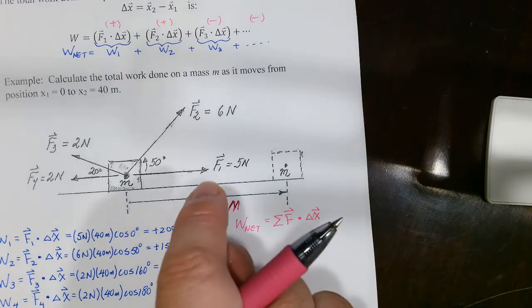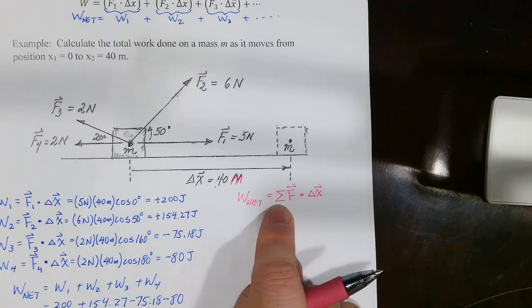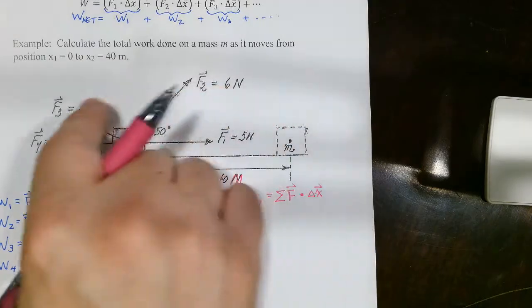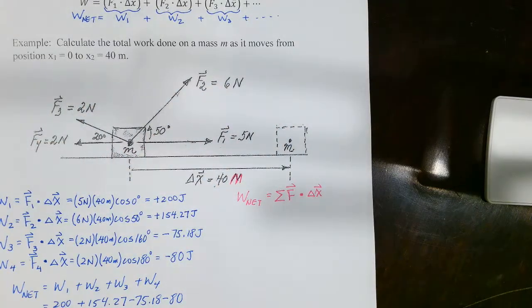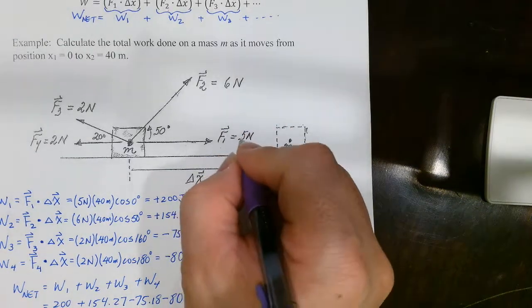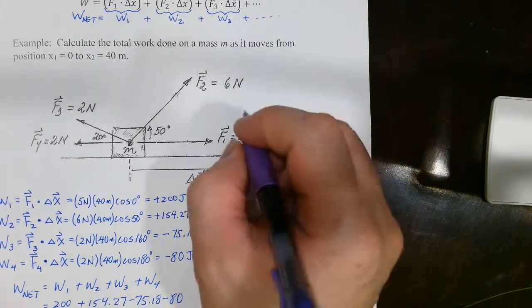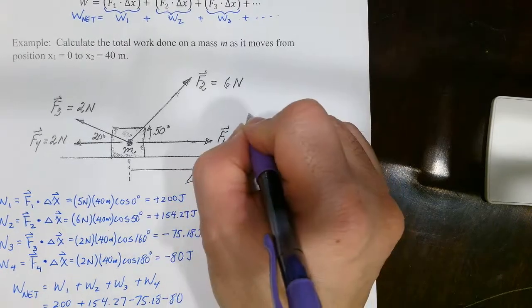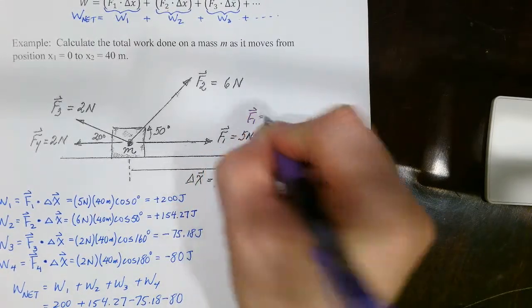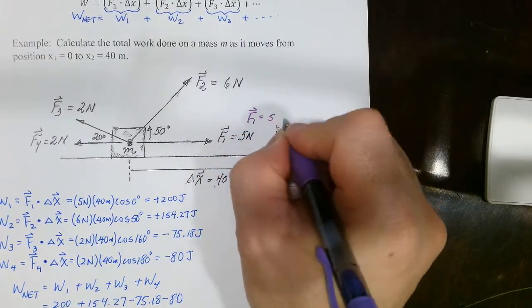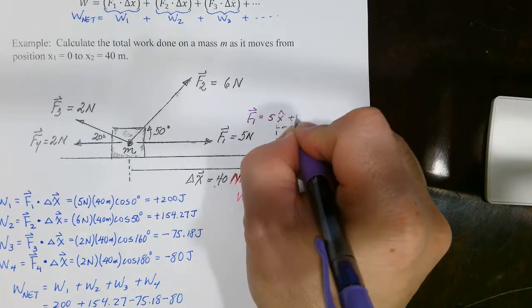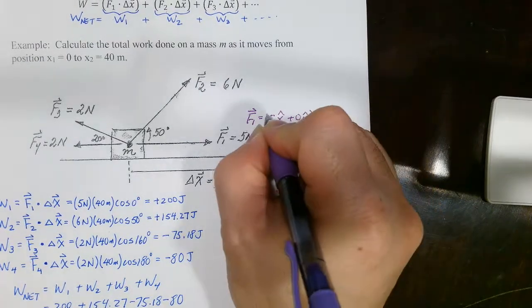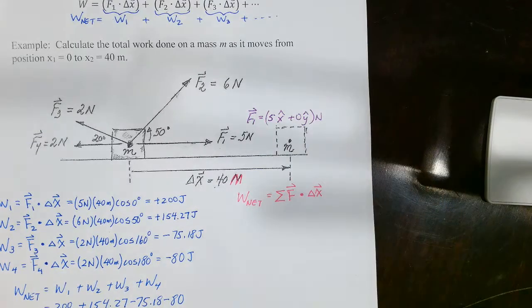So it might be a good idea to put all these forces in Cartesian form. If I find F1 in Cartesian form, that's pretty easy, right? Your F1 is equal to 5 x hat plus 0 y hat newtons.